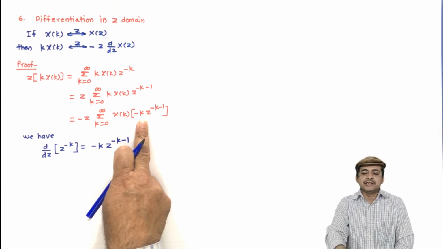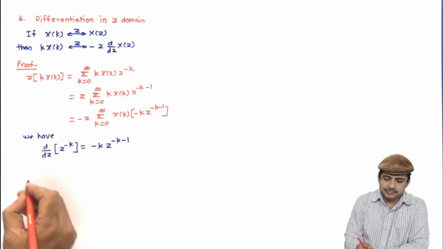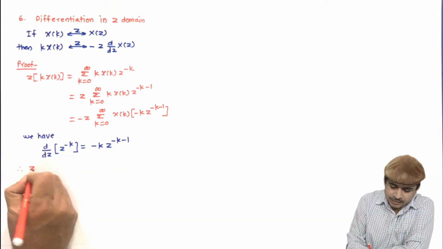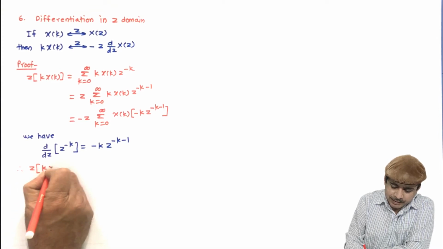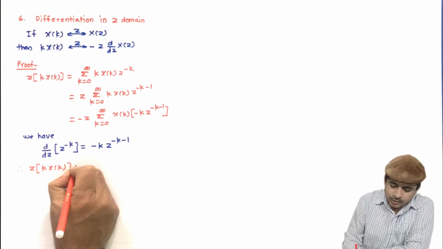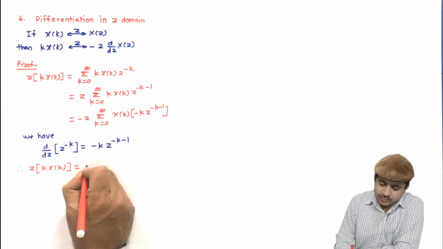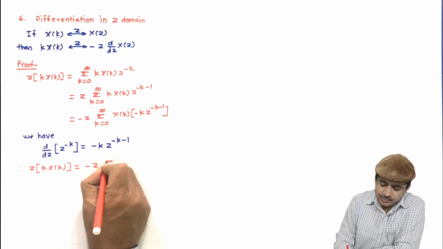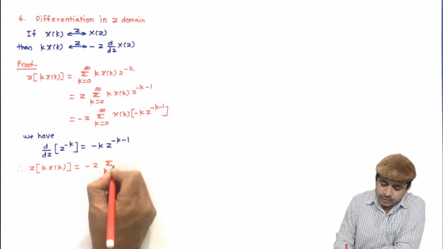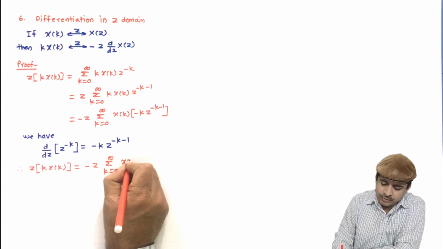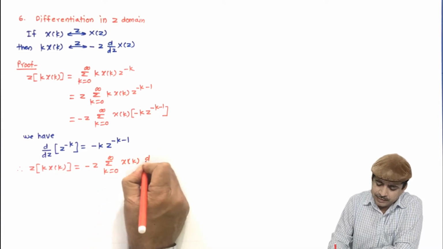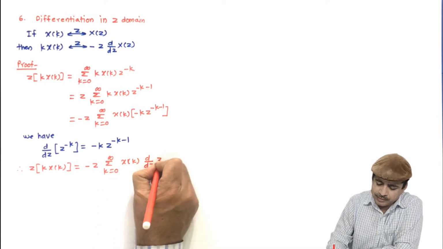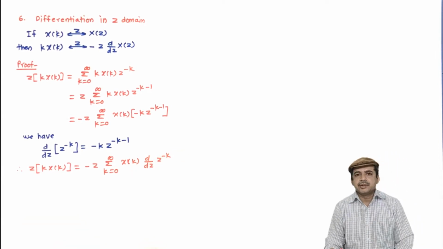It is nothing but this one, and hence the z transform of k x of k now modifies to minus z summation k equal to 0 to infinity of x of k and d by dz of z raised to minus k.